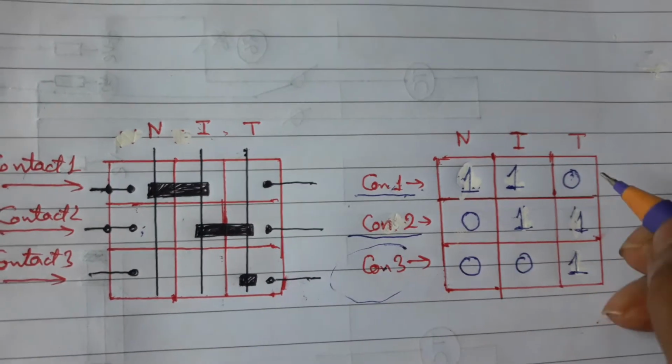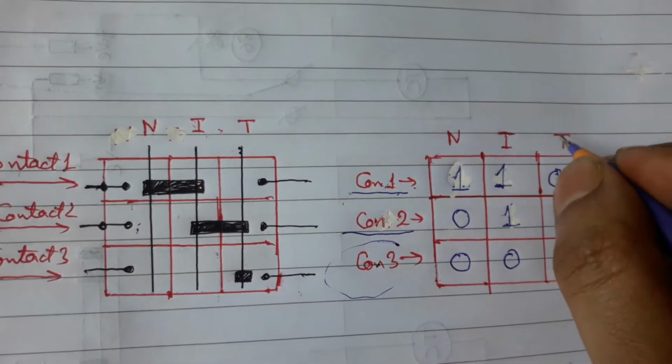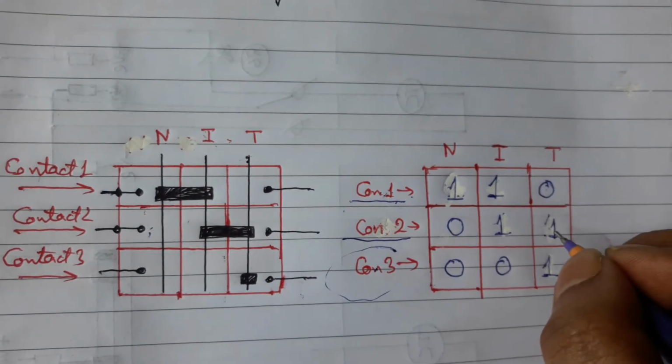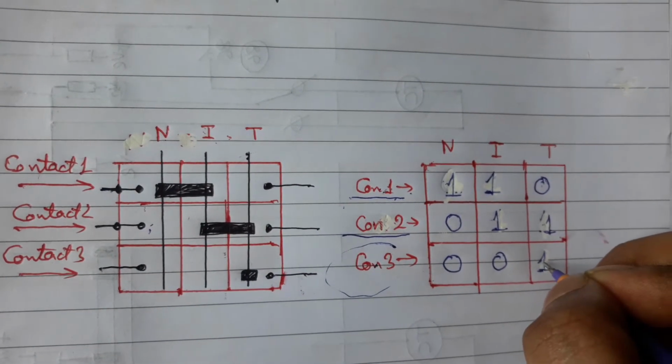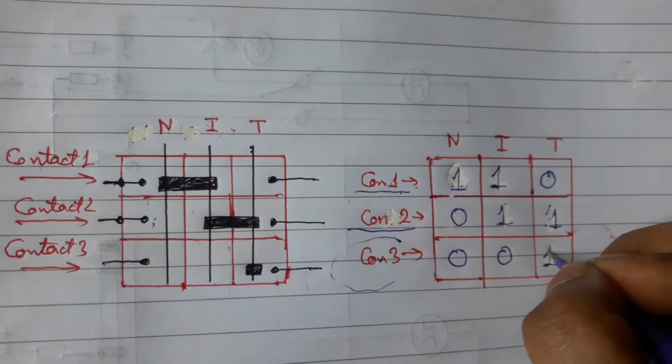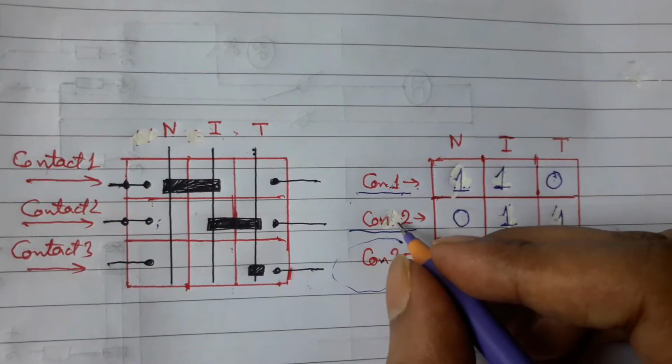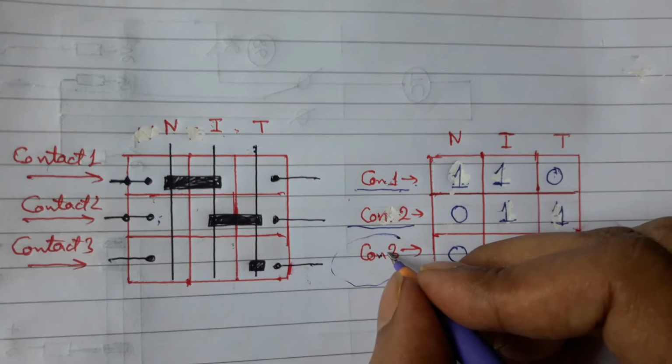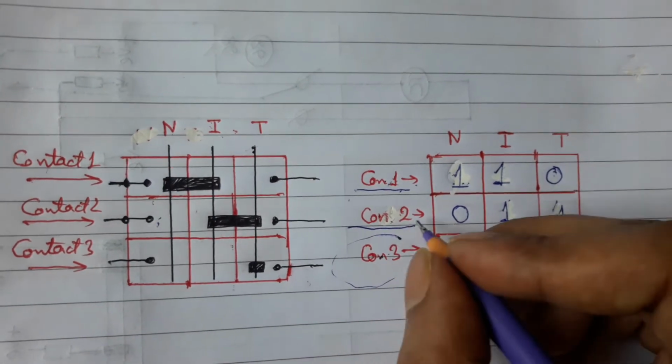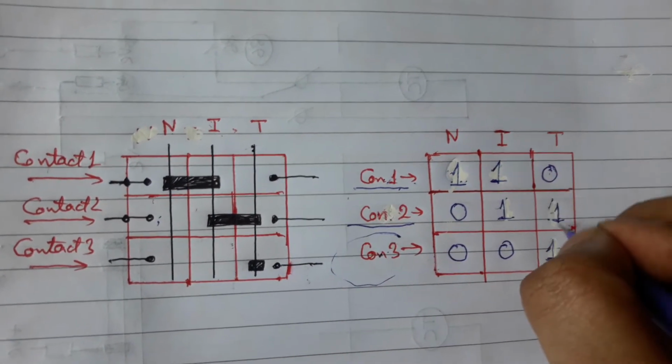If the switch is kept in the transfer position, then there is a 1 here and another 1 here. So contact 2 and contact 3 both will make if the switch is kept in the transfer position.